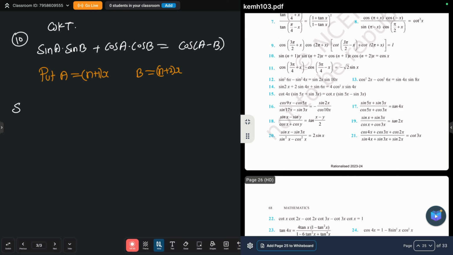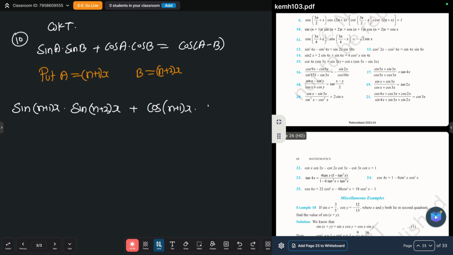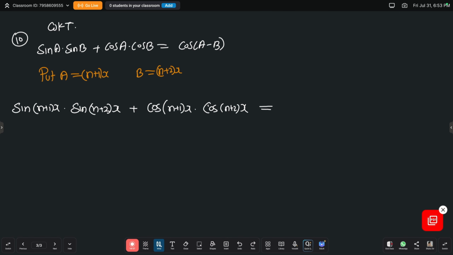So sin A means sin N plus 1 into x, sin B means sin N plus 2 into x, then plus cos N plus 1 into x, cos N plus 2 into x. Equals, on the right hand side, cos of N plus 1 into x minus N plus 2 into x. Now you need to solve it.